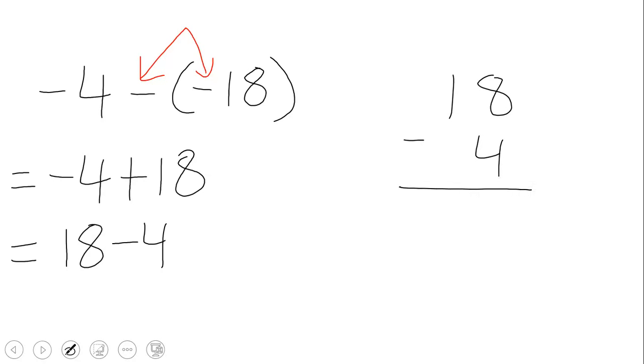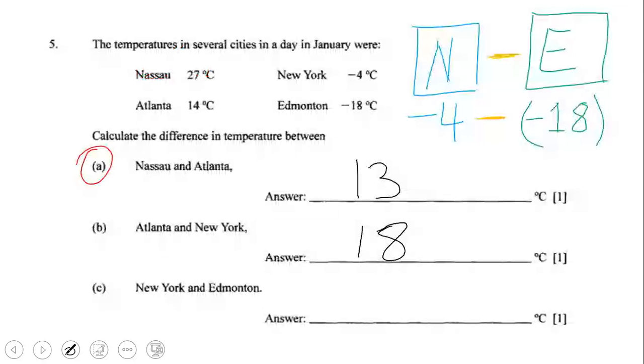We say 8 minus 4, which is 4, and 1 minus 0 is indeed 1. So 18 minus 4 is 14. So let's go back to the previous slide, and the answer for 5C is 14. So the difference in temperature between New York and Edmonton is indeed 14 degrees Celsius. And that is the answer to 5.